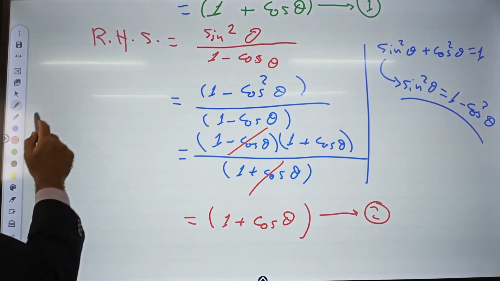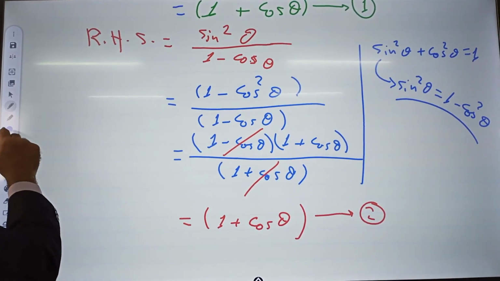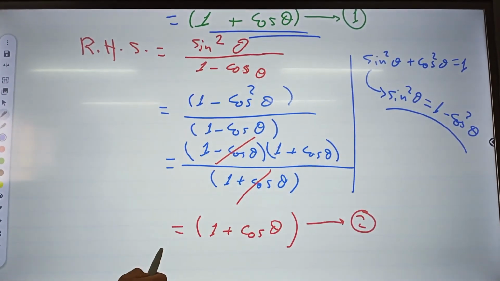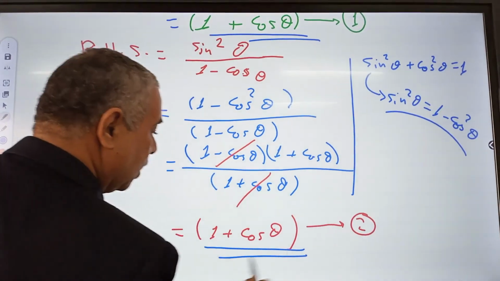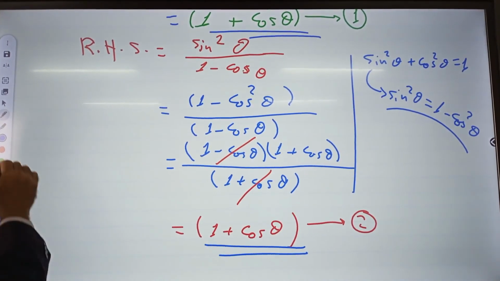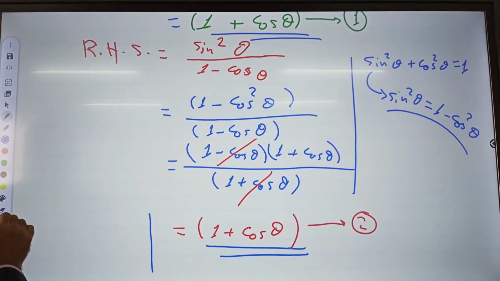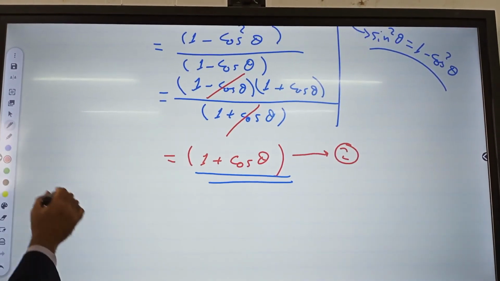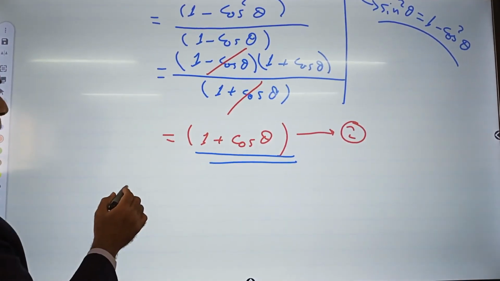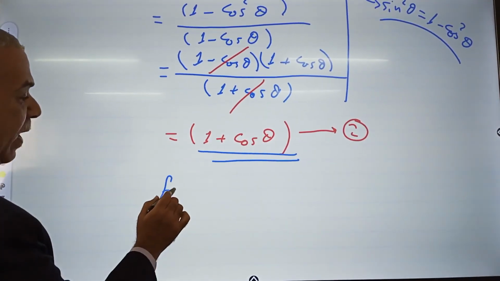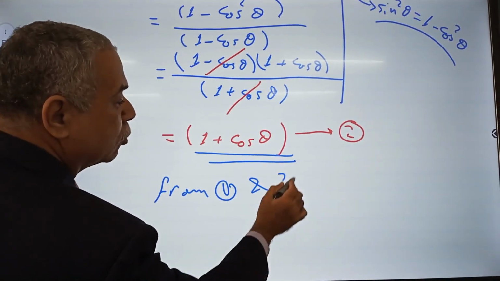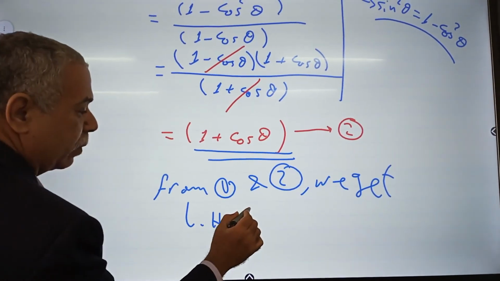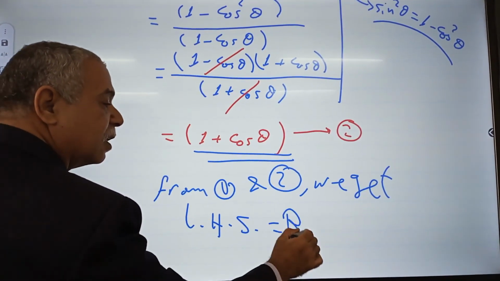The value of the left hand side is 1 plus cos θ, and the value of the right hand side equals 1 plus cos θ. So from 1 and 2 we get the left hand side equals the right hand side.